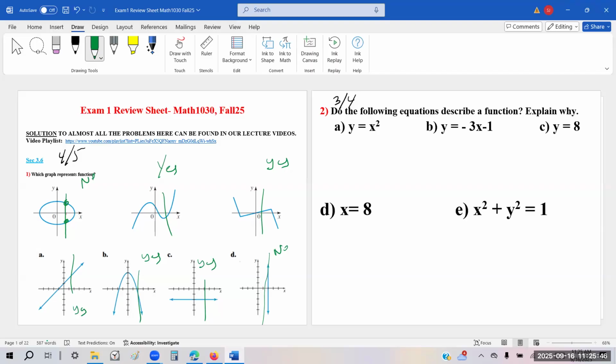We have y equals x squared. Yes, it's a function, and now you have to state why. You can say it's a parabola. And if you don't know it's a parabola, what do you have to tell me?